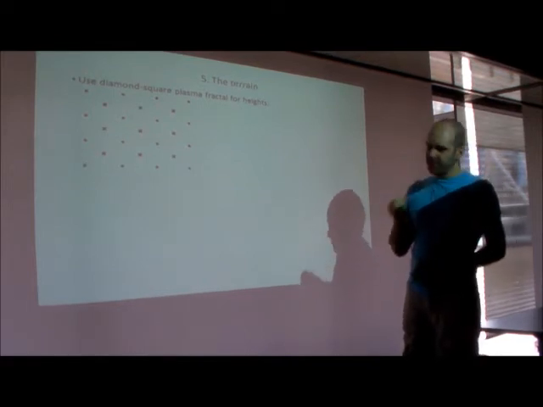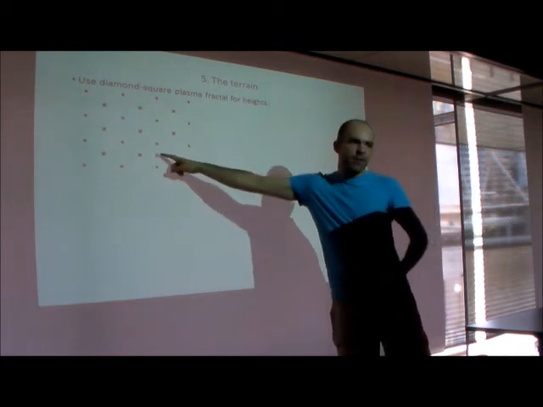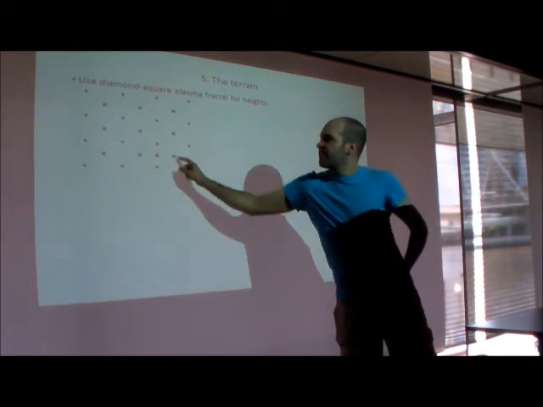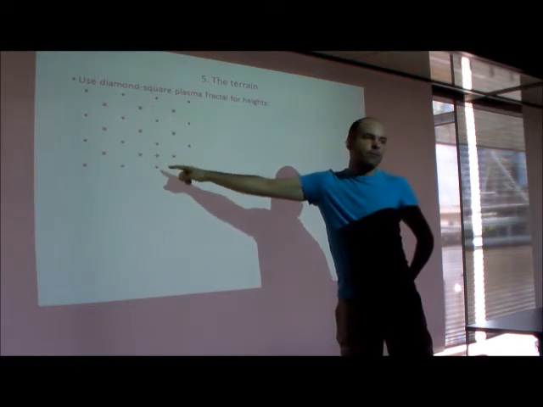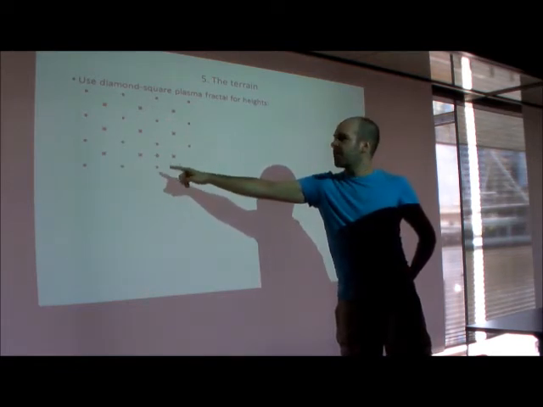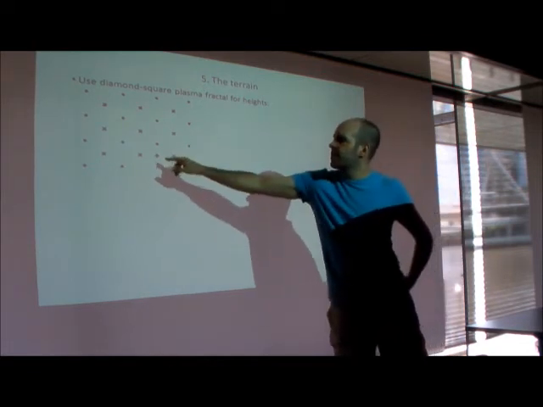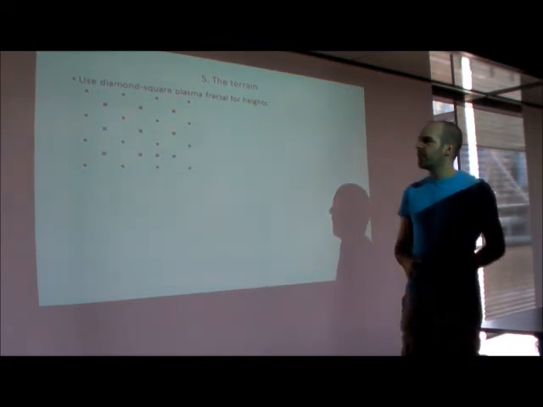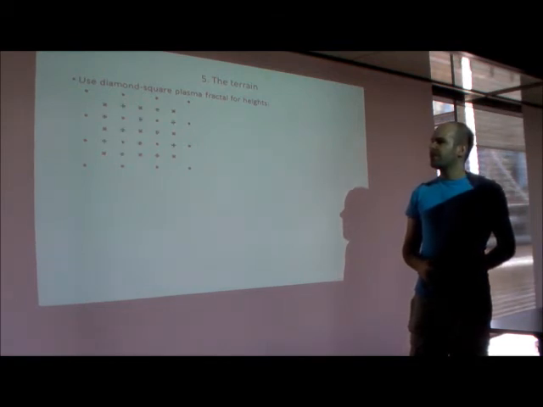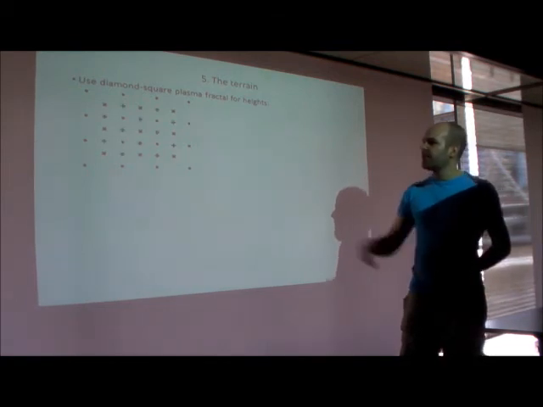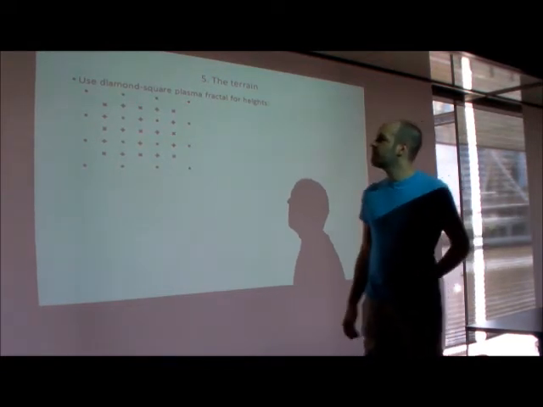Next, we can do something quite similar. For this particular point here, you can do the average of these 4, and then add a random vertical offset, up or down, in proportion to the size of this square, which is slightly smaller than the previous time. And you can do that for all those. Then we've got a few edge cases here as well.